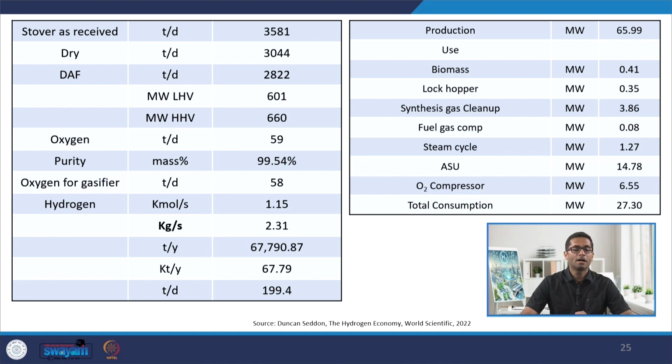So there would be some harvest seasons along which the biomass production is going to be tied up, and it has to be stored for the remaining part of the year, which entails that I cannot have very big hydrogen production plants. And in this case, the production capacity that I am aiming for is roughly 3,500 tons per day of production capacity, and that is on the as received basis.